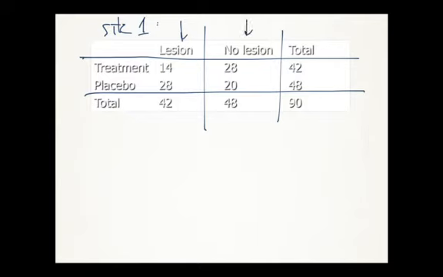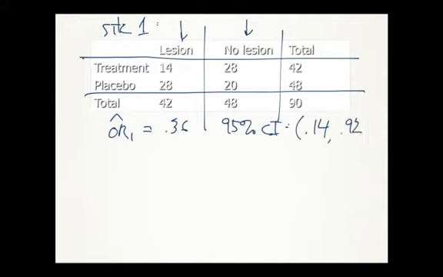If we carried out the odds ratio estimate for site 1, it would be 0.36. And the corresponding 95% confidence interval, which we would get from Stata, goes from 0.14 to 0.92. So again, this would be significant because 1 is not contained in there.